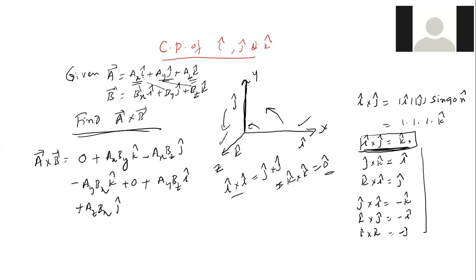Right? AZ BY k cross j. AZ BX k cross i is j. AZ BY k cross j, minus i. Right? Hello. Yes.